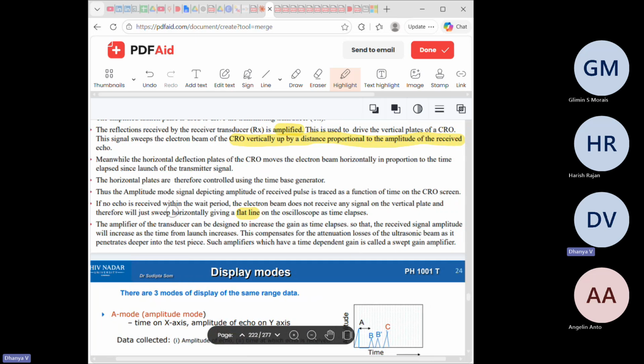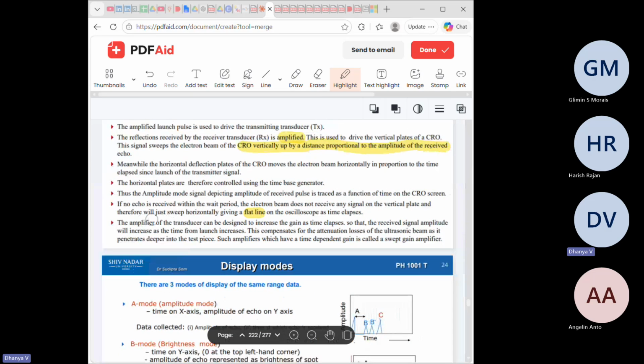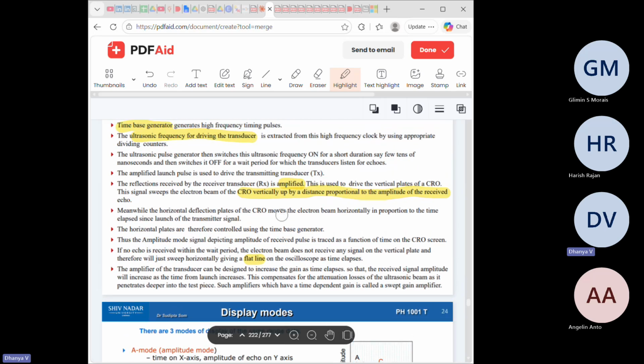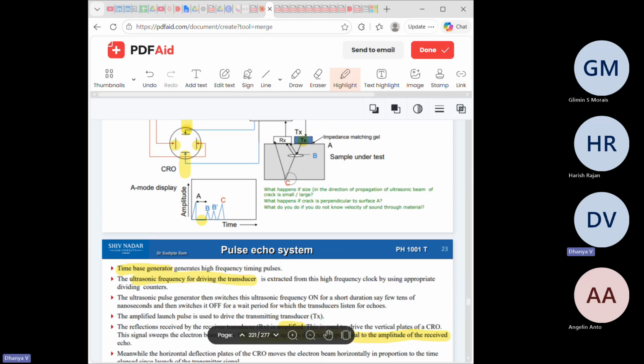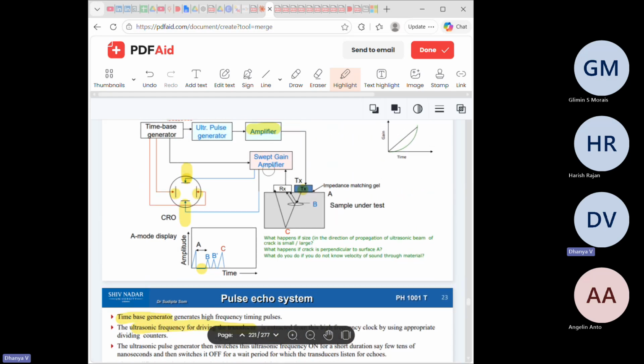The amplifier of the transducer can be designed to increase the gain as time elapses. The received signal amplitude will increase as the time from the launch increases. So this is just to compensate for any losses. You can try to gain, ensuring you have a better amplifier.